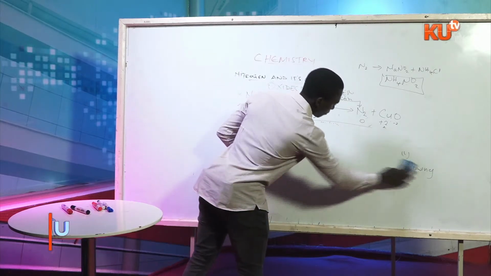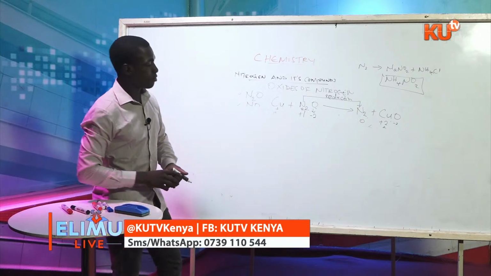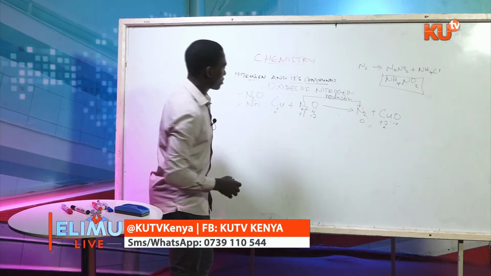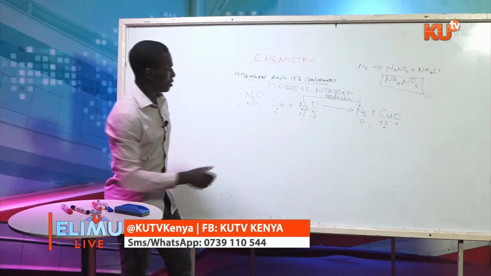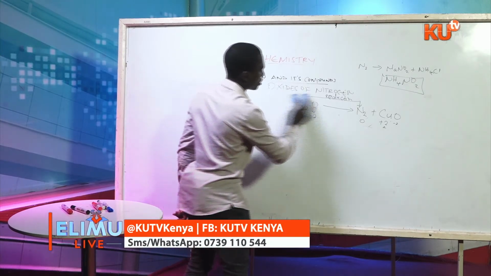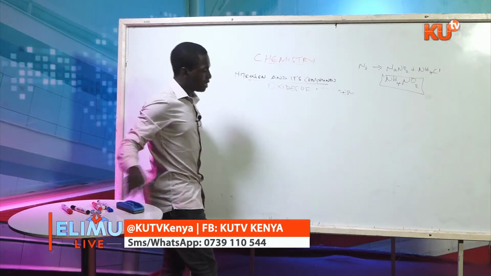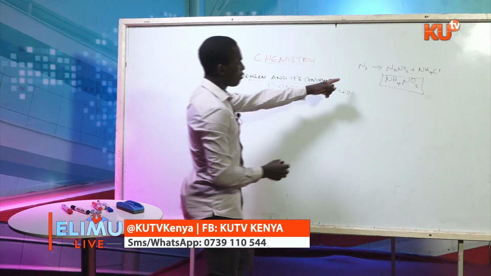Those are among the major uses of nitrogen(I) oxide gas. So without wasting our time, let's go to the second oxide of nitrogen, which is nitrogen(II) oxide.